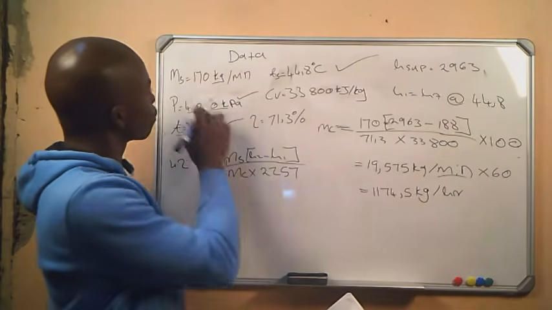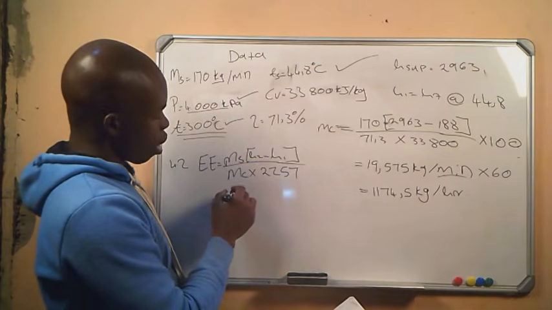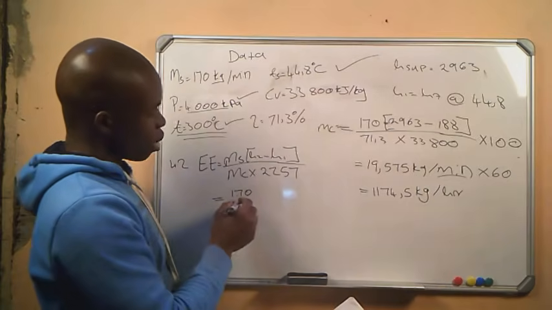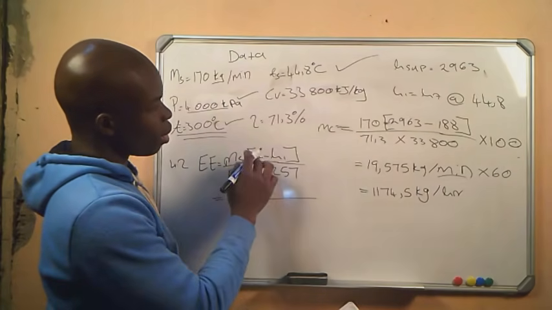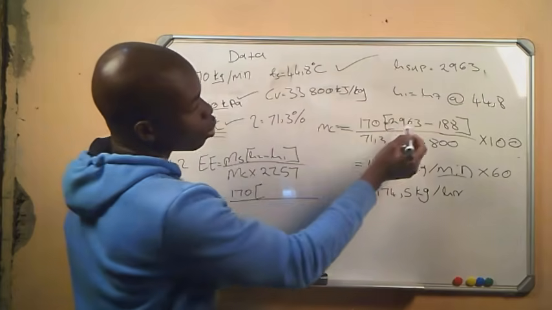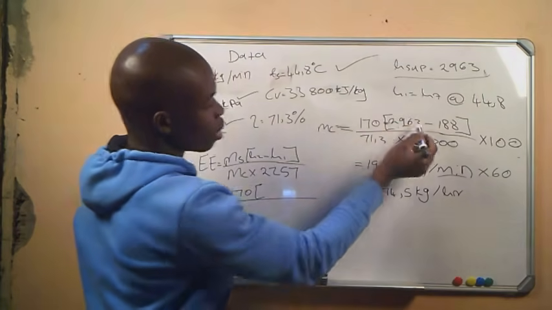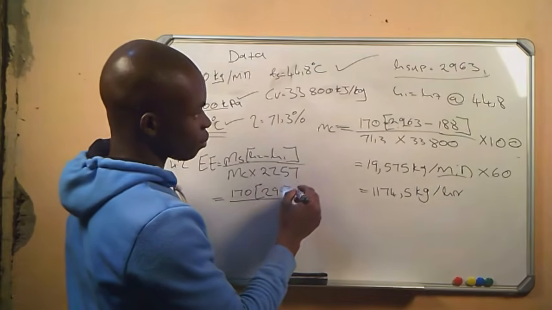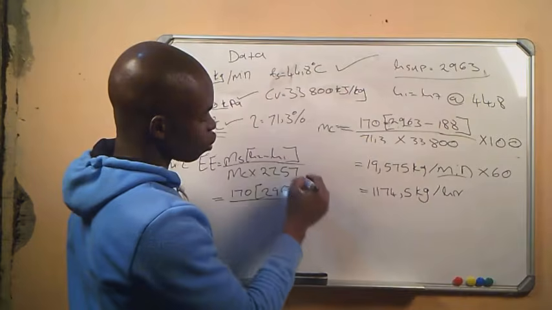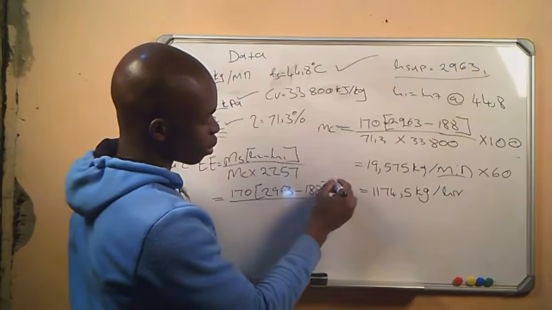Our ms is 170, and our H2 is here: 2963 minus H1, which is 188.